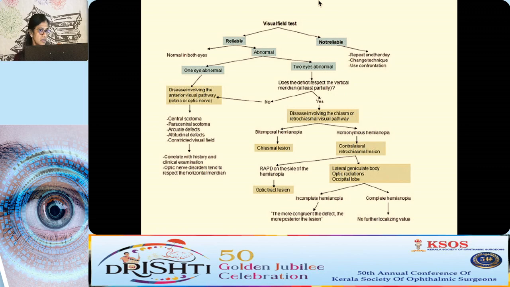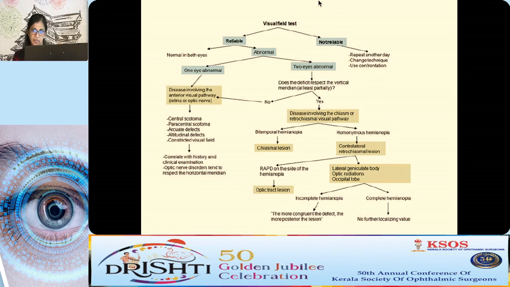So when there is a visual field defect, we have to see whether it is reliable or not. If it is not reliable, we have to repeat the field. If it is reliable and abnormal, and only one eye is involved, that means the disease involves the anterior visual pathway. If both eyes are involved and the visual field defect respects the vertical meridian, the disease involves the chiasma or retrochiasmal pathway.